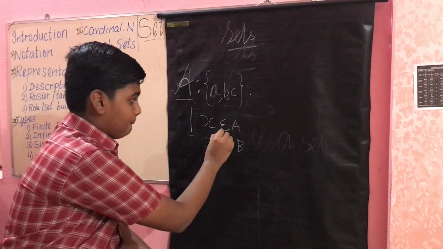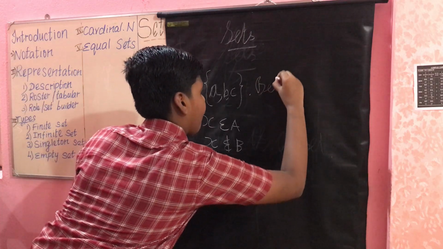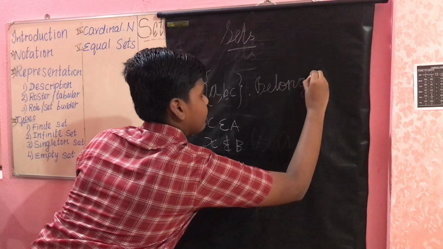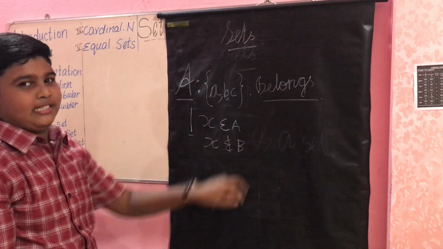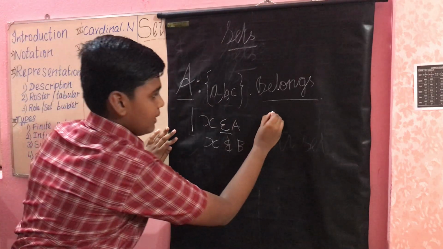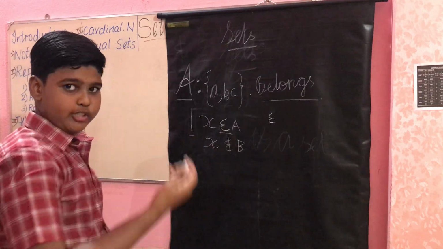It's written as right here. When that symbol comes, you need to keep this word in your mind: belongs. This symbol means it belongs to. So X belongs to A.